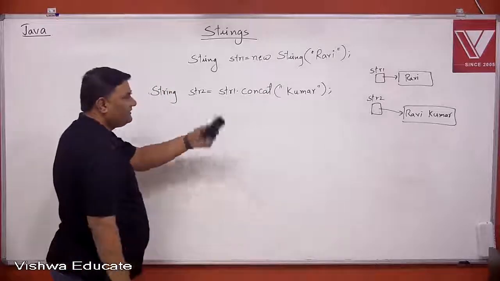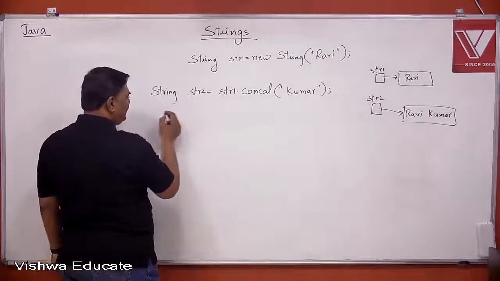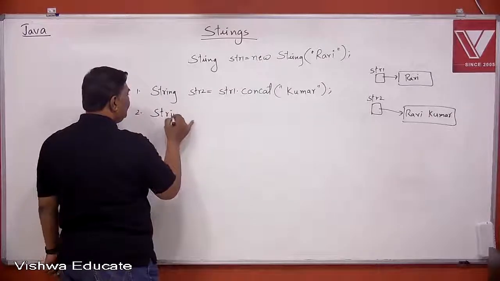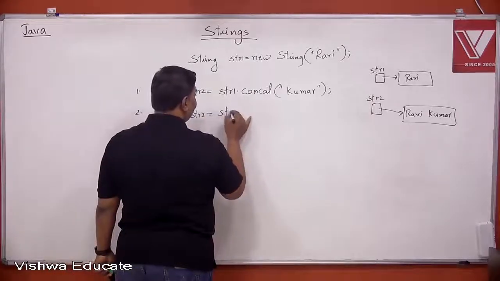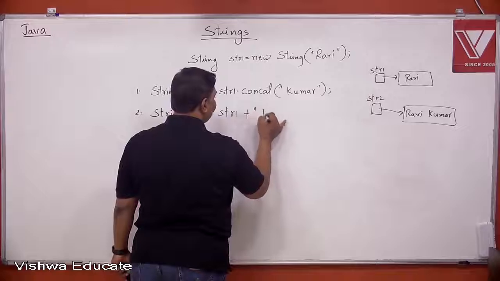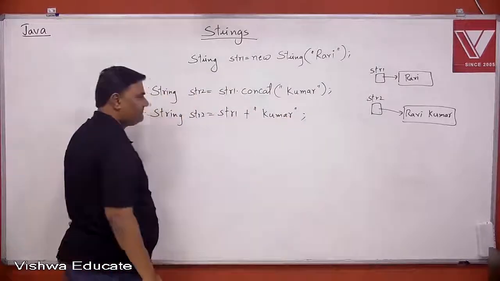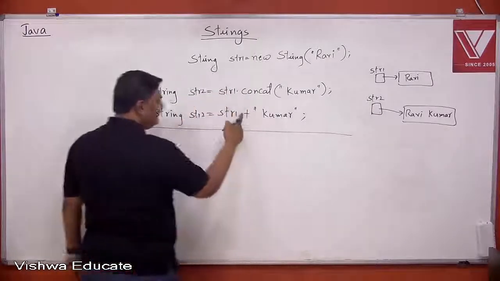So two different references pointing on two different objects. And this concatenation, we can do it like this also instead of this first method. Second method is same line, str2 assign str1 plus space Kumar. These are the two methods of concatenation. Okay, this is concatenation. Already we have seen this method.